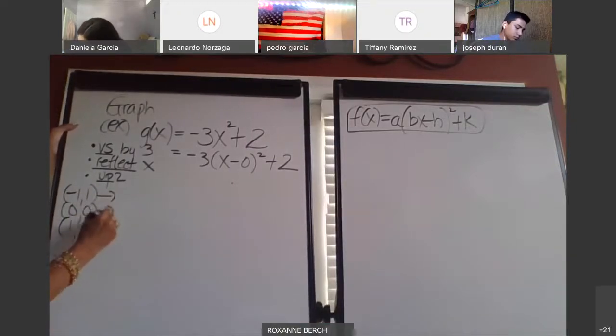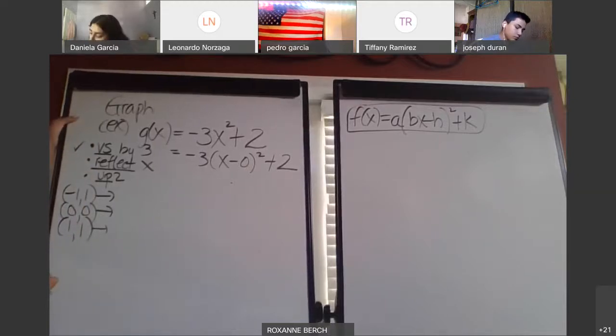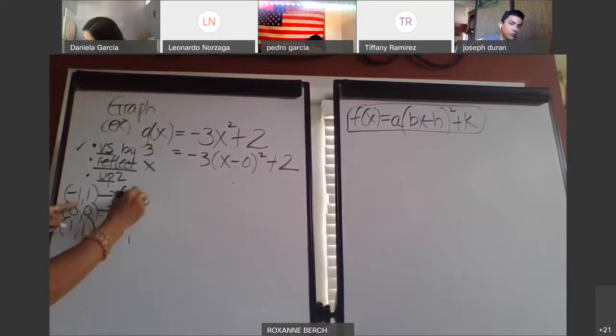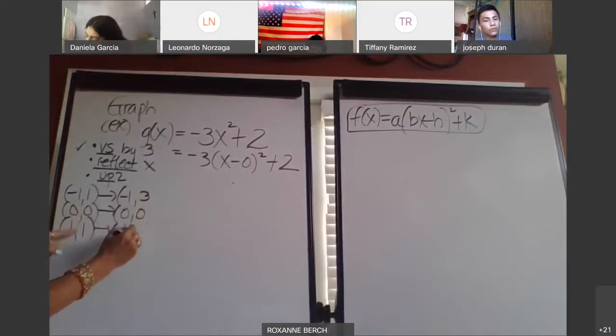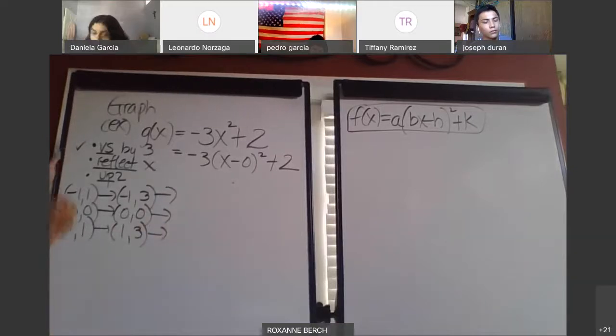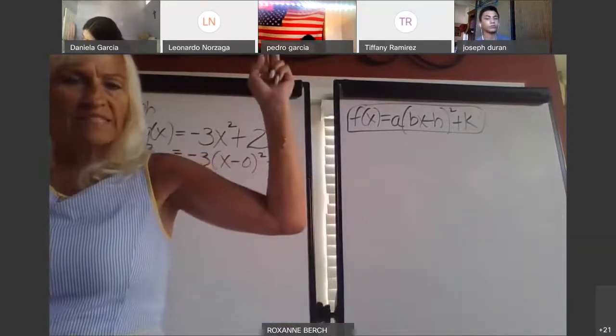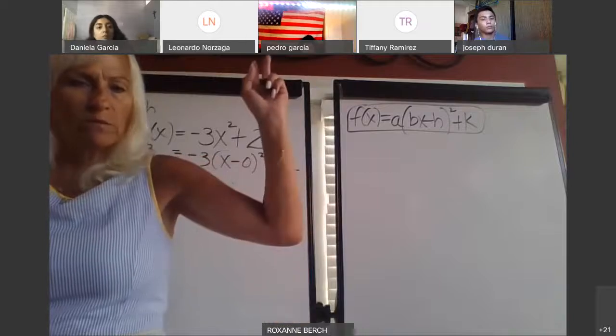Vertical stretch means we're going to multiply the y by 3. So the x stays the same, and we multiply each y by 3. Reflect over the x. Watch my arm. That's a y movement, isn't it?